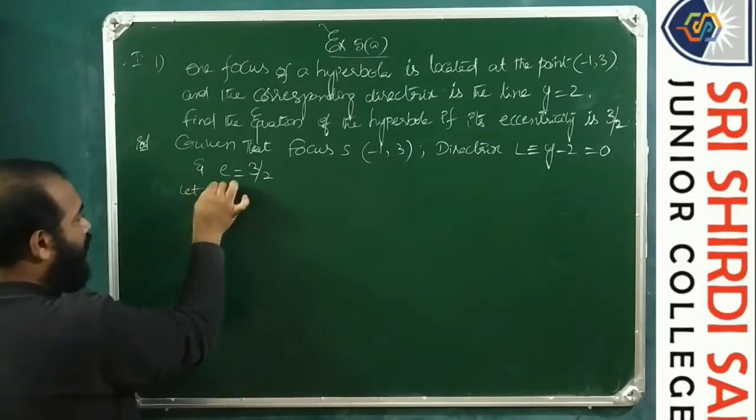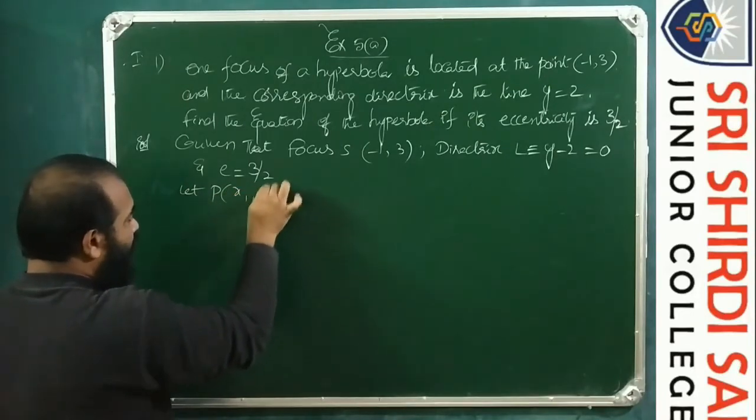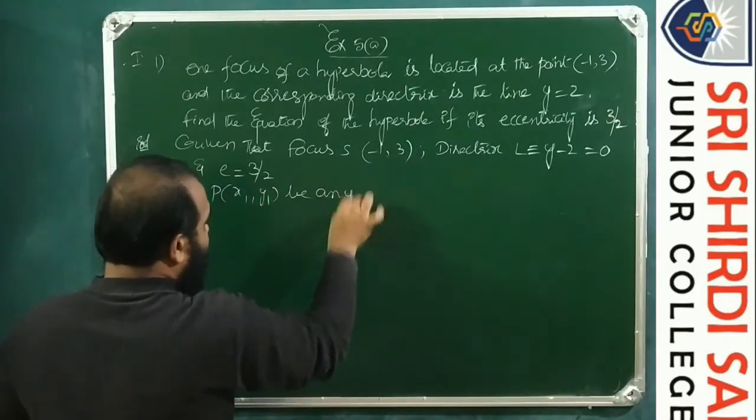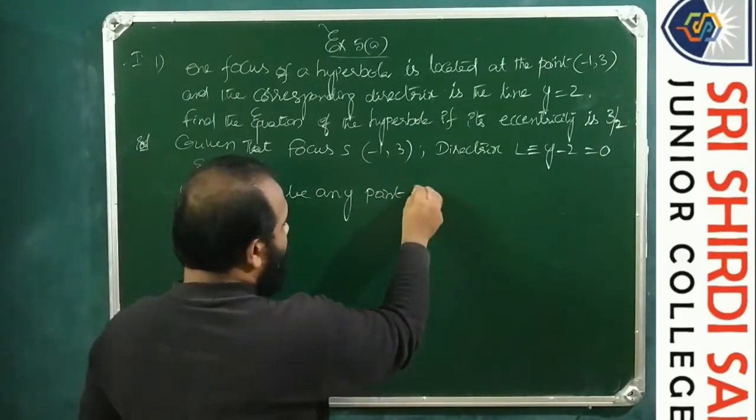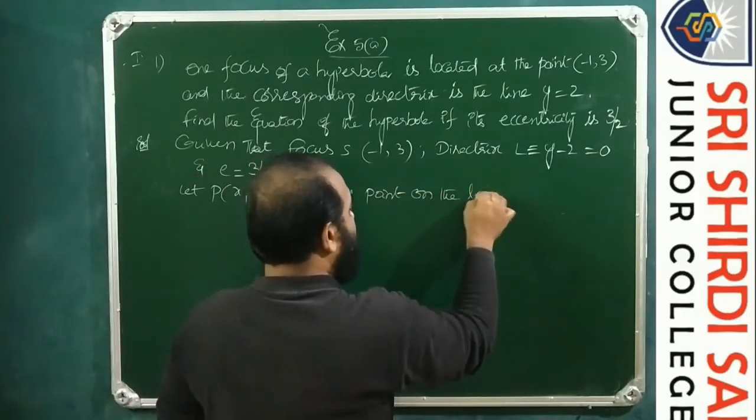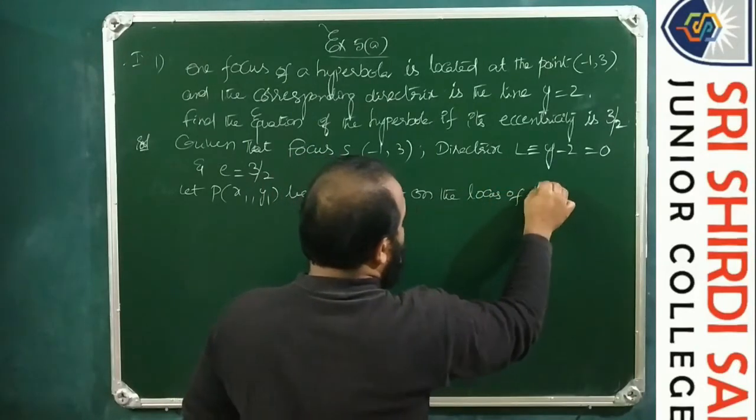Let P(x1, y1) be any point on the locus of the hyperbola.